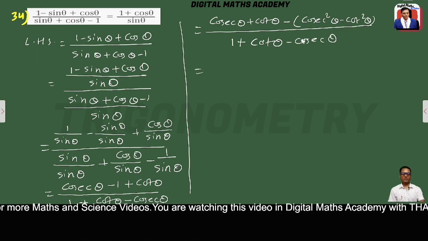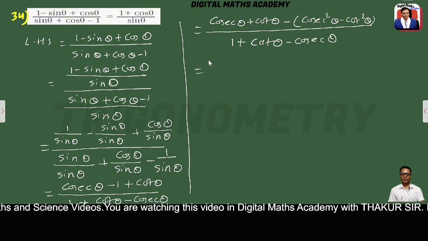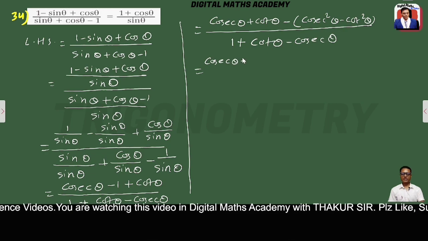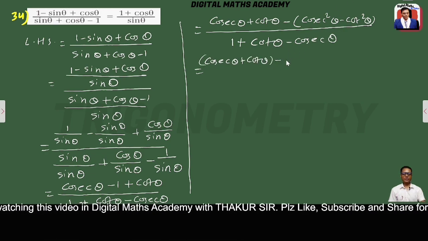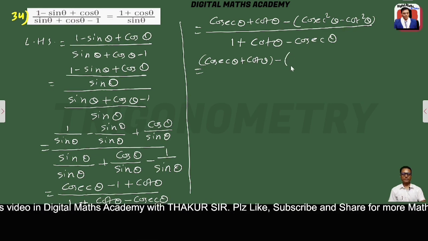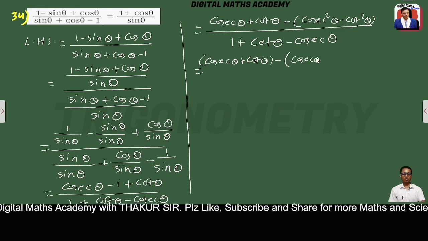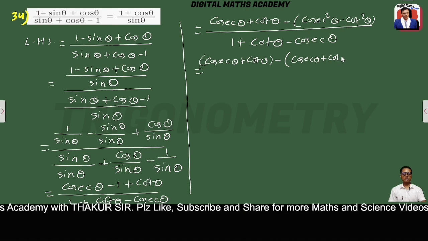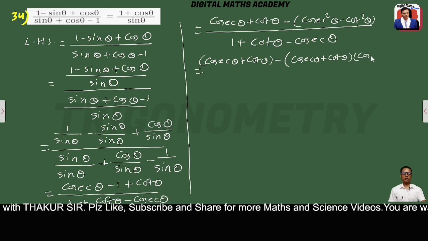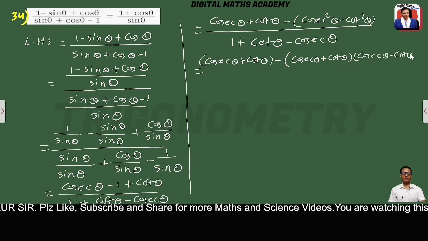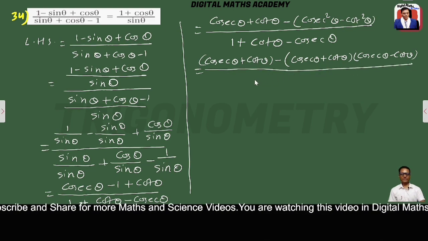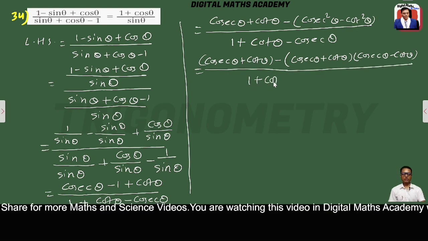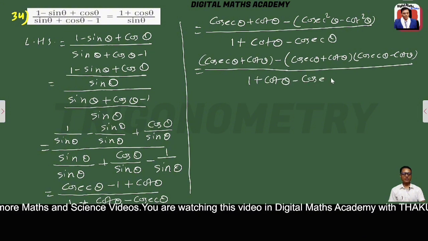Now a square minus b square formula we apply at the numerator. So we have here cosec theta plus cot theta inside the bracket. Yes, we can write, and a square minus b square equals to, here we can write cosec theta plus cot theta and cosec theta minus cot theta. A plus b minus b. We have applied this formula several times, and 1 plus cot theta minus cosec theta as it is.